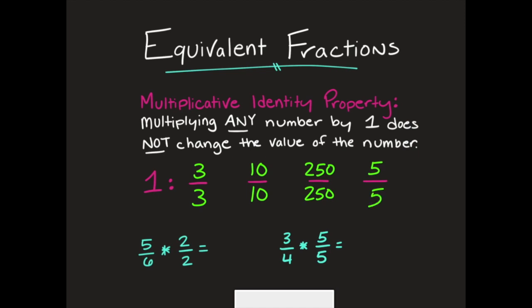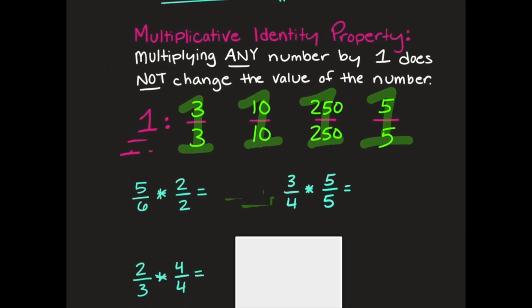So you can really come up with any example as long as the top number and the bottom number, your numerator and denominator, are the same. All of those fractions are going to be equal to 1. So when we multiply by a 3/3 or a 10/10, we're not changing the number. It's still going to be the same value, but it is going to look different. And I'll show you what I mean.